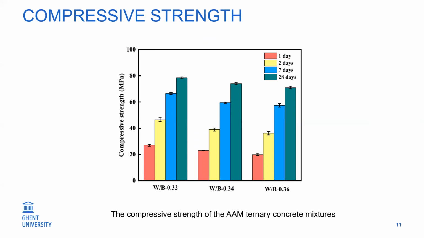Overall, this is a limited impact on strength, making the longer workable time of water to binder ratio of 0.34 versus 0.32 an interesting option for the mix design in this study.